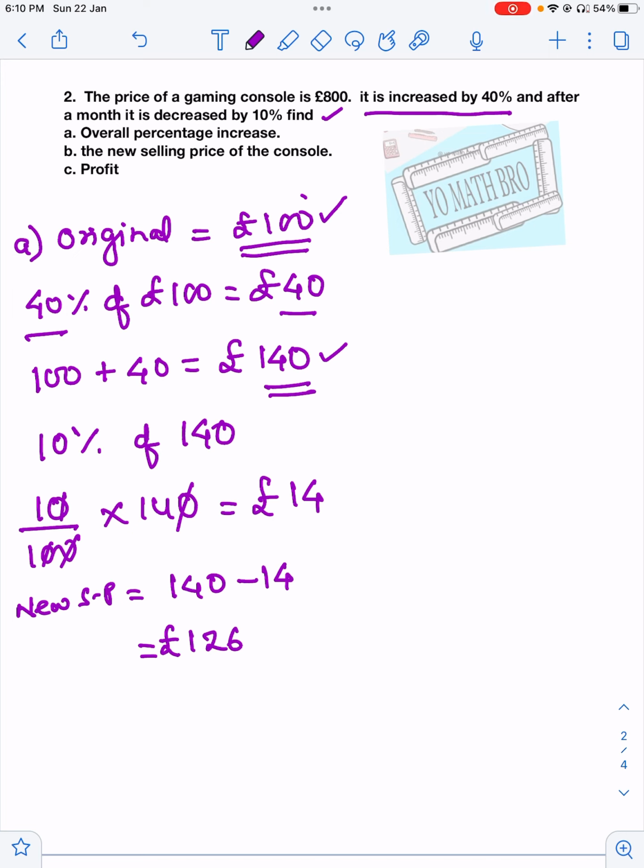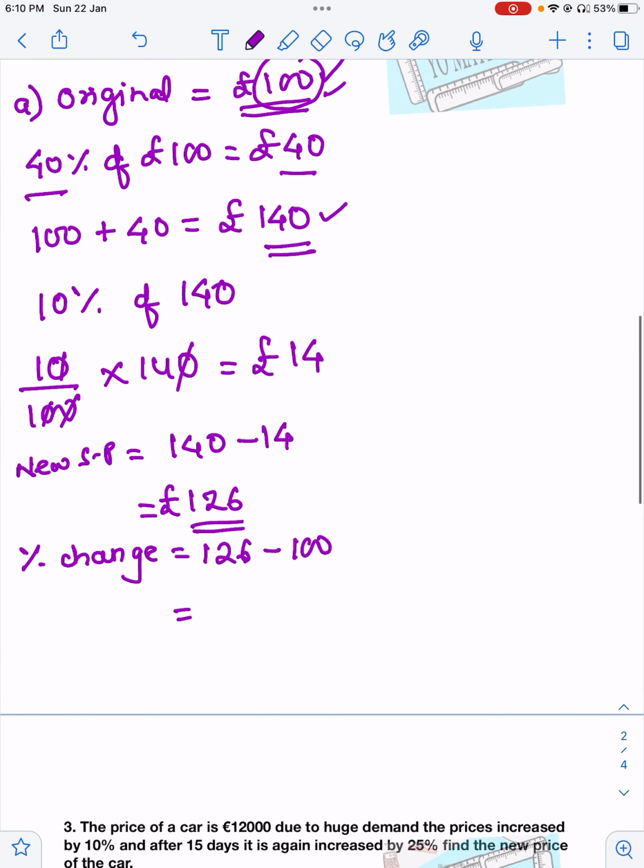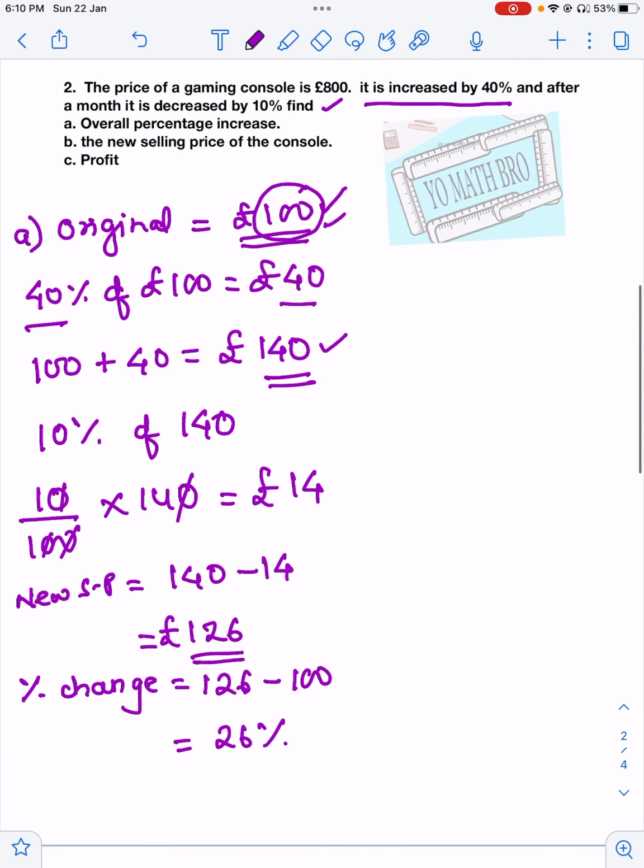Originally, it was priced at 100. So for the first part, the overall percentage change is the final price 126 minus the original price 100, and I get 26% change. So an increase by 40% and a decrease by 10% does not mean 30%.